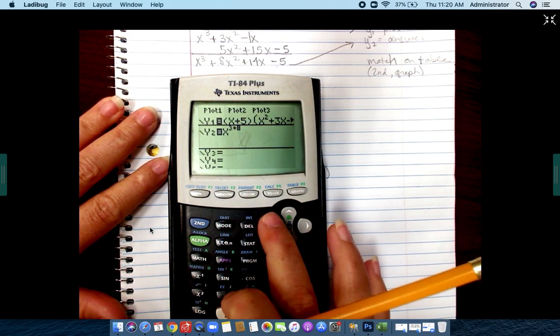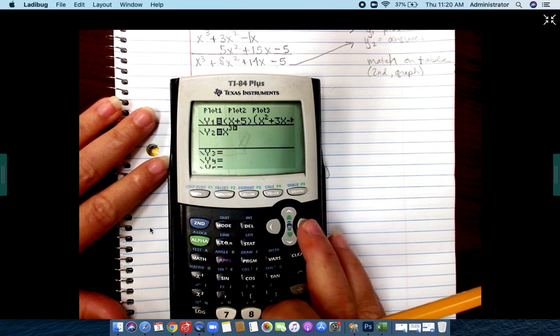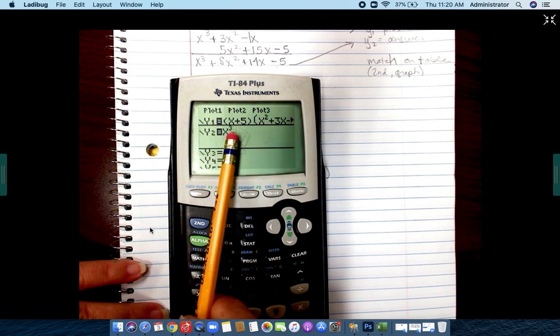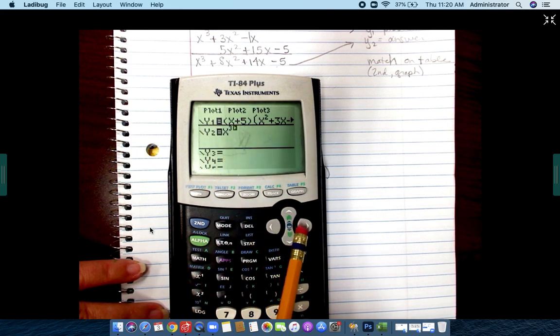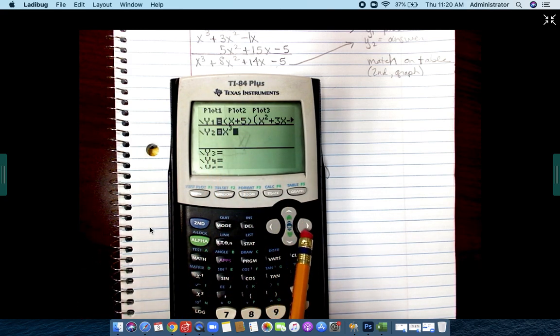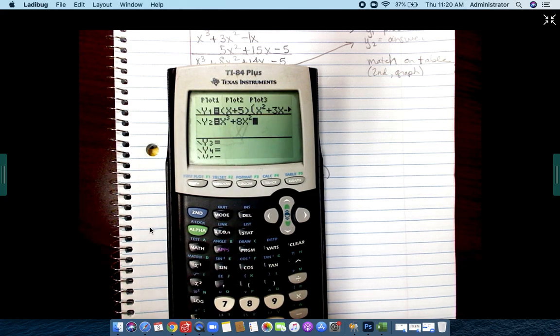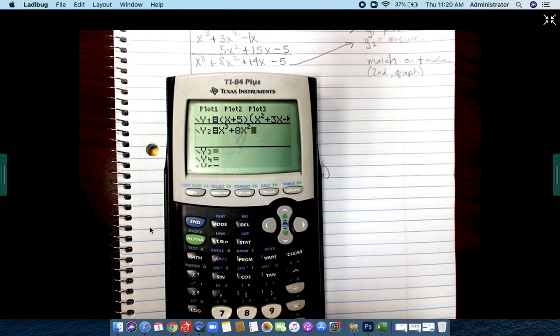So I'm going to back up and delete those. So after your exponent, you want to hit the right arrow. See how it's got an arrow pointing to the right? That's right here. You want to type this button. So now I'm going back down and I'm typing in plus 8x squared, again using this x squared button here, plus 14x minus 5.